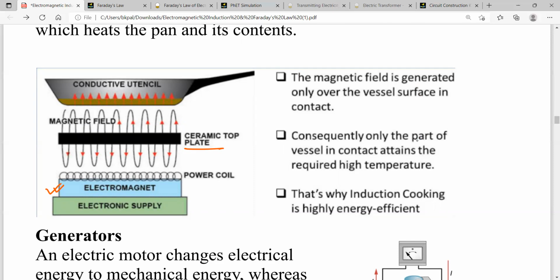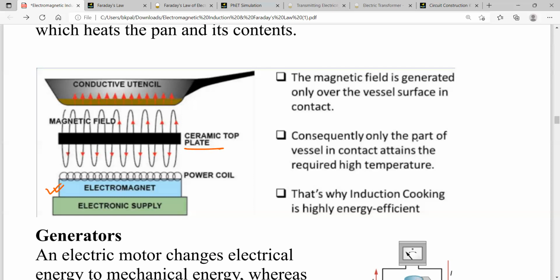So when you connect your electromagnet to the power outlet, there will be current in the coil. Current in the coil means there is a magnetic field. If it is just a direct current, DC current, then there will be no change in the magnetic field, and no change in the magnetic field is not useful. But the house's power outlet gives us alternating current.